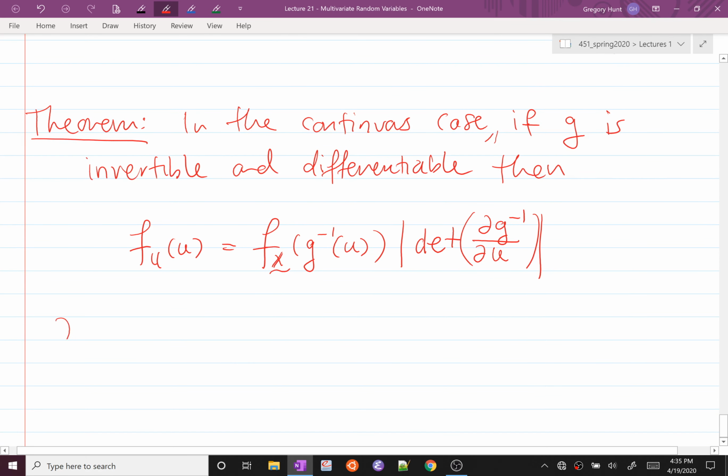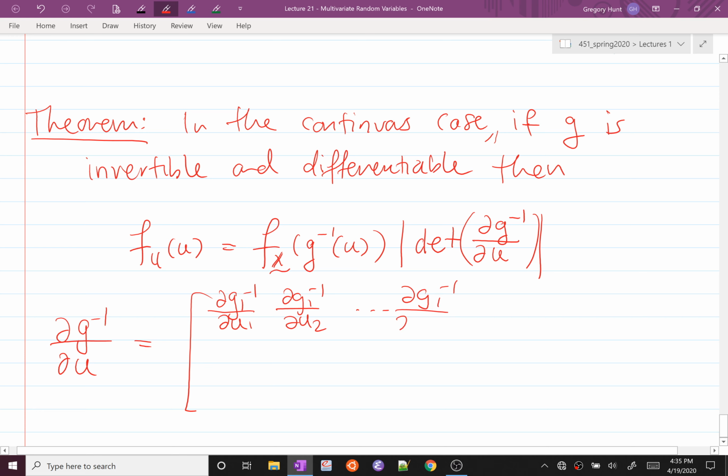So here, dg inverse du is the n by n matrix, where the first row is dg1 inverse du1, dg1 inverse du2, all the way up to dg1 inverse dun. And then the second row starts dg2 inverse du1, etc., all the way down to the last entry, which will be dgn inverse dun.